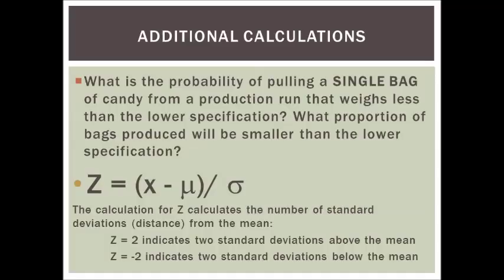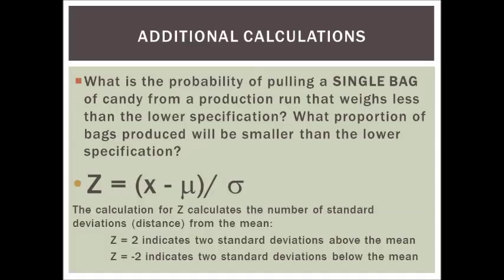And all of these bags are going into a big bin or a big box. And so what this says is, what is the probability that you reach into that box and you pull out a random bag of candy? And of course, you don't know how much it weighs. You're just picking a random bag out of the box and you're asking, what's the probability that you pull one bag out and that one bag that you just happen to pick out weighs less than the lower specification that is set by the FDA?